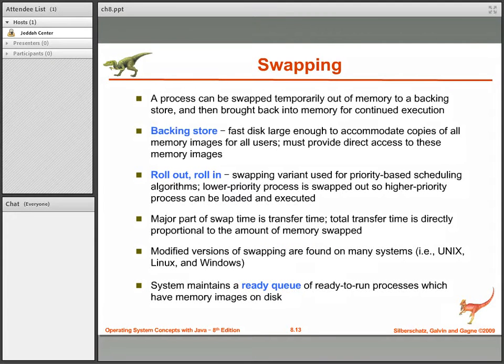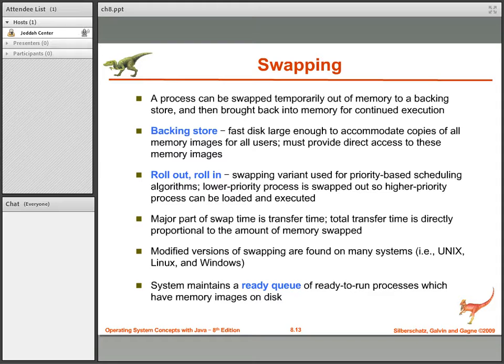Now, when you have a limited amount of space in the main memory, you can do another procedure called swapping. This involves swapping a process out of memory to a backing store, or swapping it back from the backing store into the memory.